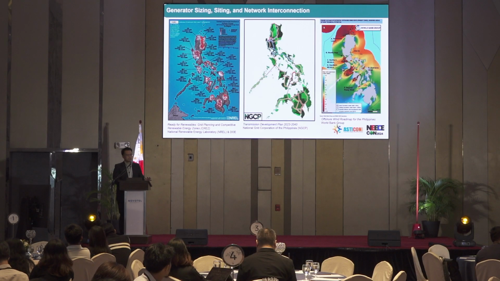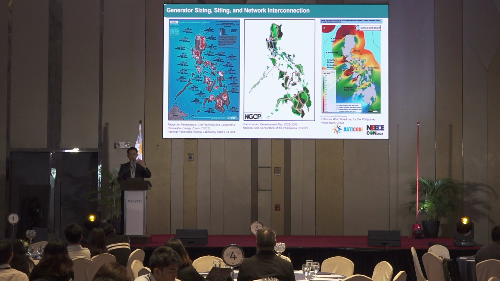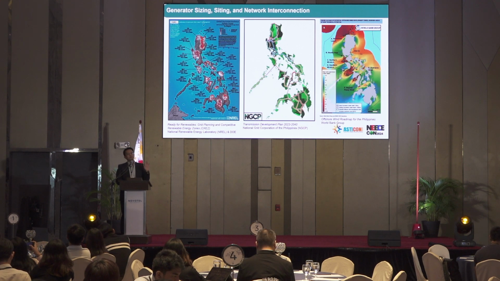Okay, so these are just some maps. I mentioned the spatial nature of disaggregating technology. If you see on the leftmost, that's CREZ. That's a study published by NREL with DOE. Sir Mike talked about this. So this just details where the solar and wind are best located.